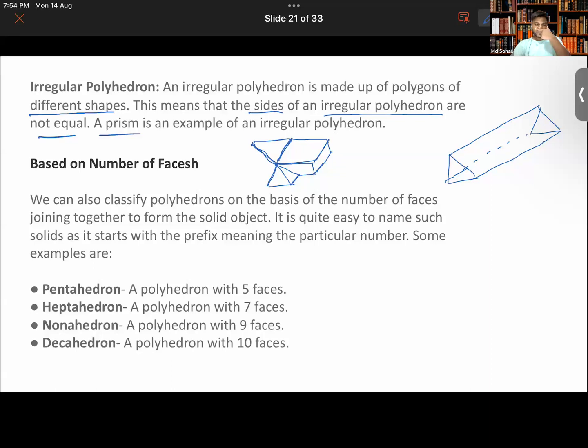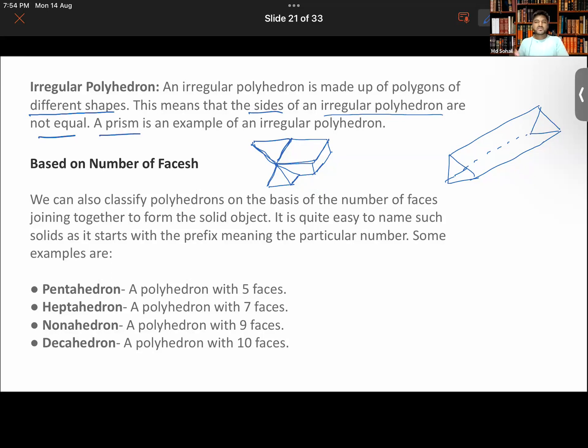Now, moving on, we also talked about other types of polyhedrons based on the diagonals. For example, we talked about convex and concave polygons, right? So when do we call a polyhedron a convex polyhedron?